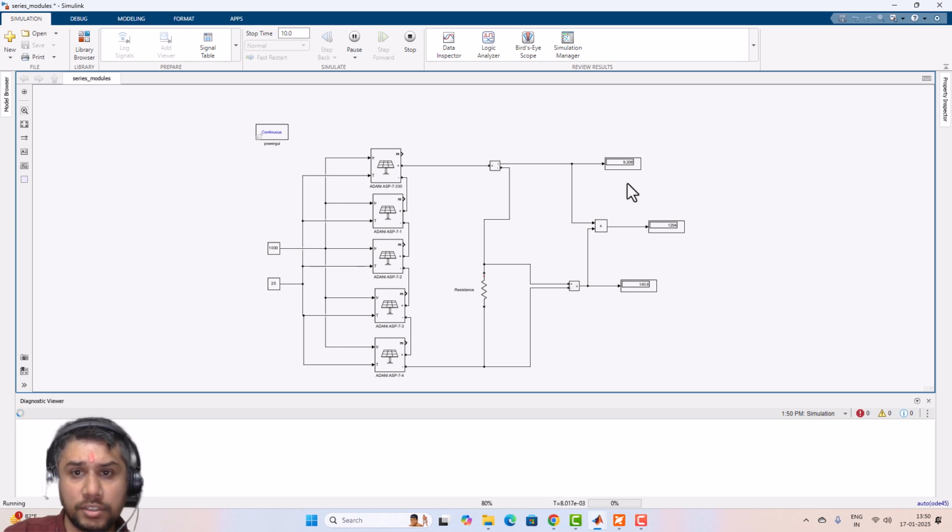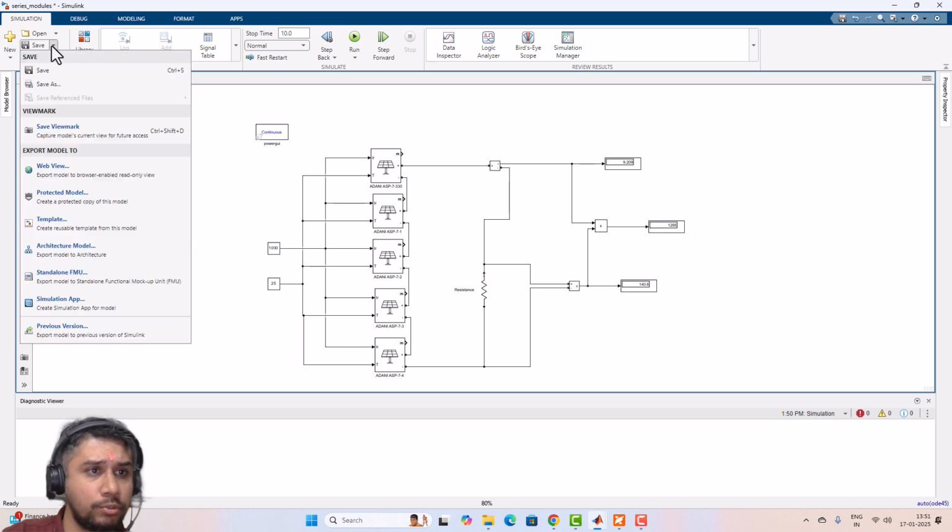So this is 9.2 amperes current and 140.5 volts is the value of voltage. I have just stopped it right now for this purpose. You can use this module for your check, and I am just saving it right now for future use.